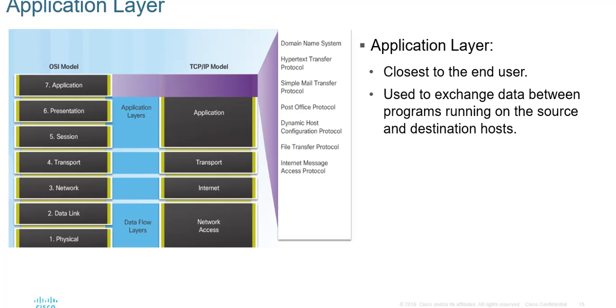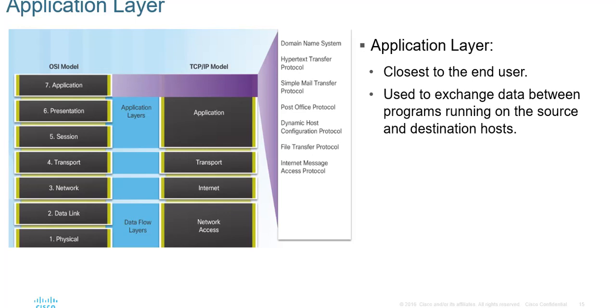If you are a programmer, those are your 3 layers. If you are a network engineer, those are your 4 layers: 1, 2, 3, and 4. So you don't have to worry much about layers 5, 6, and 7 if you're not a programmer, and if you're a programmer, you don't have to worry about layers 1 to 4. If you want, you can, but otherwise those are not your areas. Your focus is the session, presentation, and application layers.